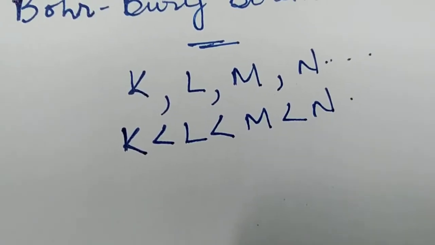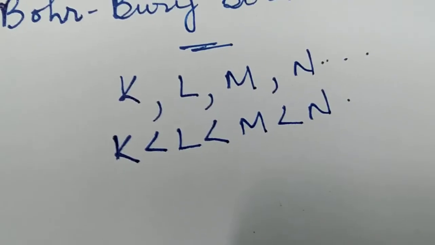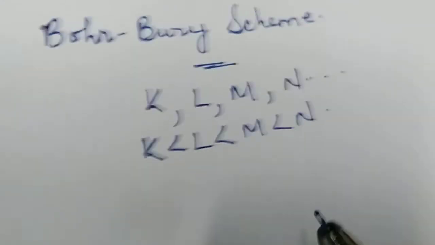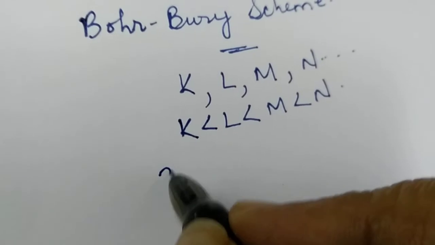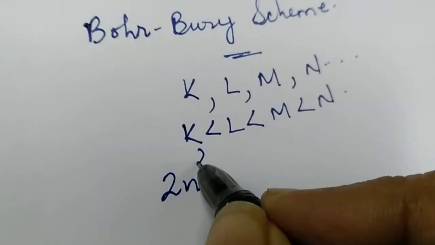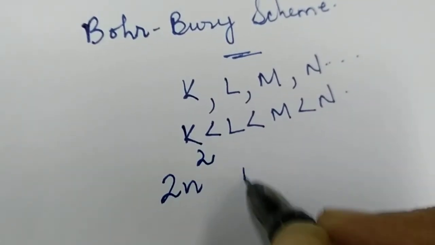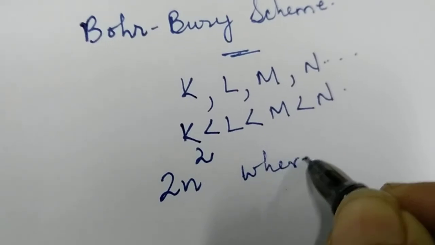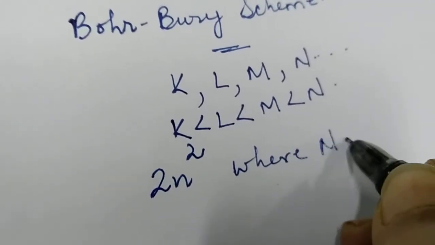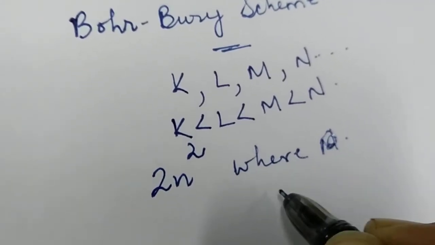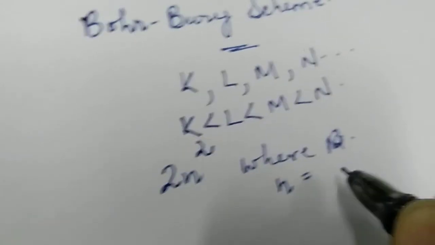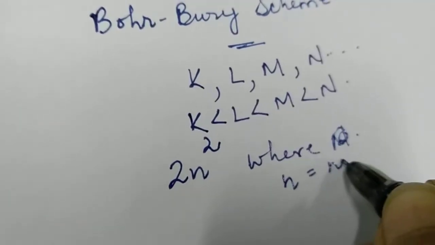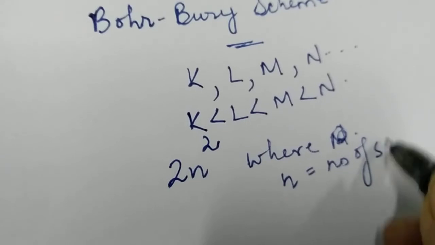The maximum possible number of electrons that can be present in any shell of an atom is governed by the formula 2n square, where n is not capital N, it's small n, the number of the shell.